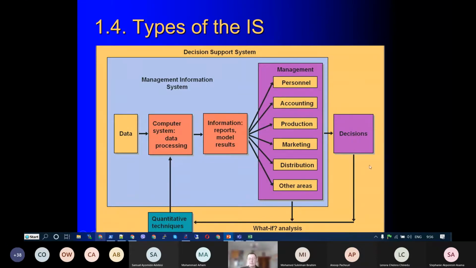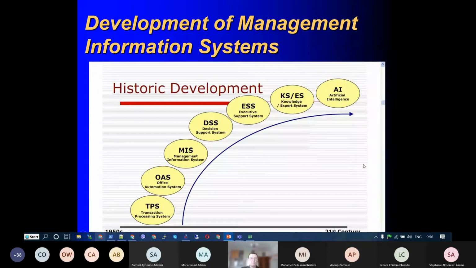So here is that alternate part, representing areas of activity for decision support systems.